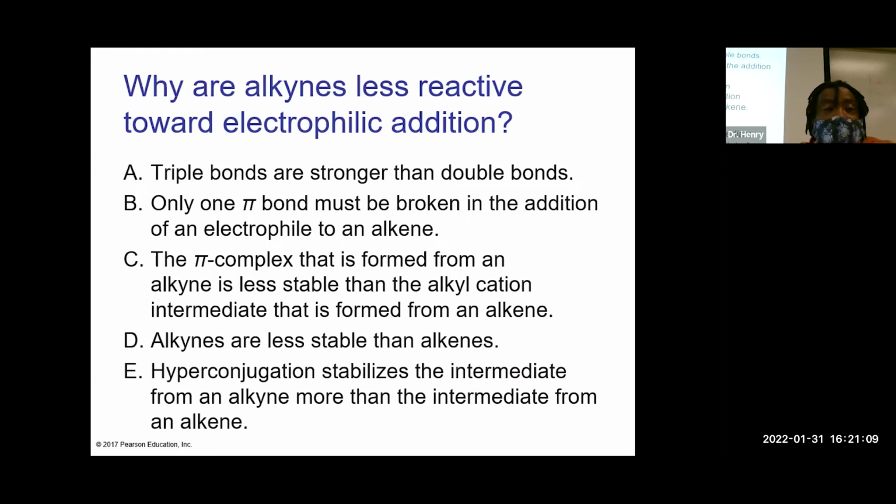Okay. What do you guys think? Come on. You got to think. What do we know? What do we know for a fact? Well, we do know that it is true that triple bonds are stronger than double bonds. They're harder to break, right? Okay, so that's partially true, yeah. But is that the reason why they're less reactive?